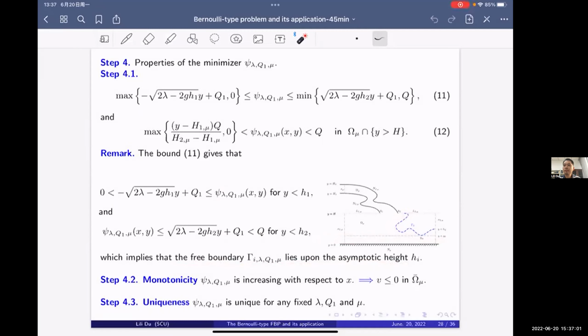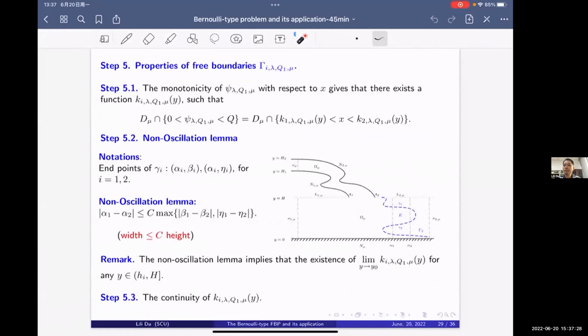Moreover, we can establish the monotonicity and the uniqueness of the minimizers. Especially, we can establish the monotonicity of psi with respect to the variable x. This fact implies that the vertical velocity is negative in the fluid field.